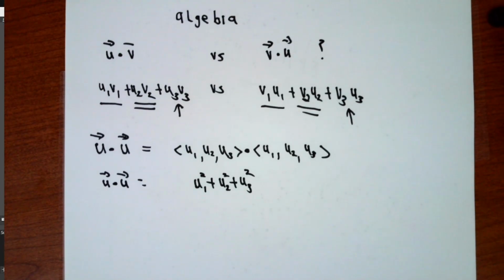When you add three numbers together, none of which are negative, the result can't be negative either. So u dot u is at least zero. Also, the only way that you could make u dot u equal to zero would be if u1, u2, and u3 were all zero, meaning that u would be the zero vector. u dot u acts in a way that's very similar to a squared from ordinary algebra.